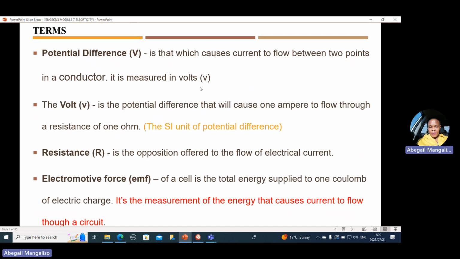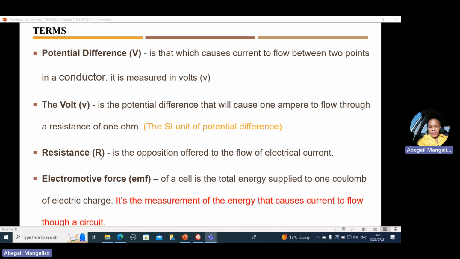Also a symbol that is used to calculate potential difference is V. You get 1 volt when current is 1 and the resistance is 1. So it is that potential difference which causes 1 ampere to flow through a resistance of 1 ohm.